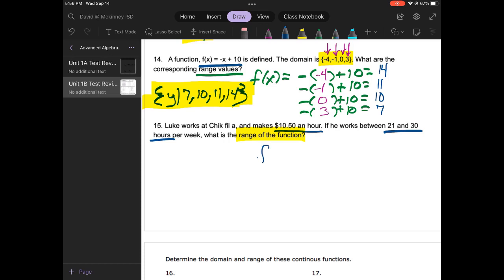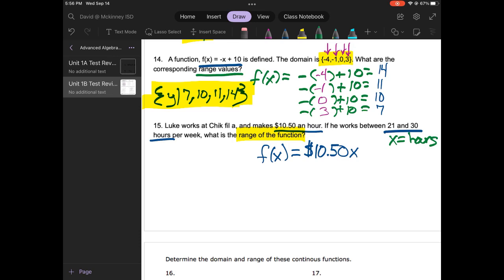And then my total amount that I make is always going to be my y value or my f of x value. So I set this up by doing f of x is equal to $10.50. That's my constant. I'll always make that much an hour times x. And in this case, x will equal the number of hours that I work in a week.